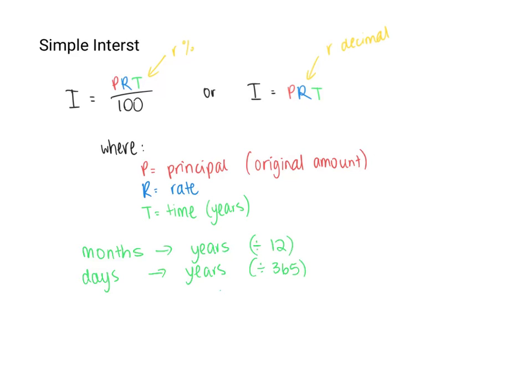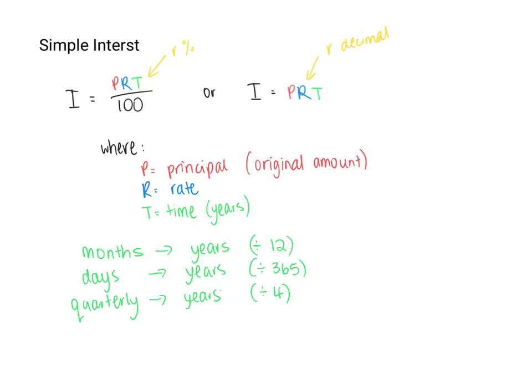Basically, you need to divide by how many there are in a year. If we're doing quarterly, then we divide by 4, etc. So however many there are in a year, divide by that amount. So you must have time in years. It's very, very important. And what's your rate, etc.